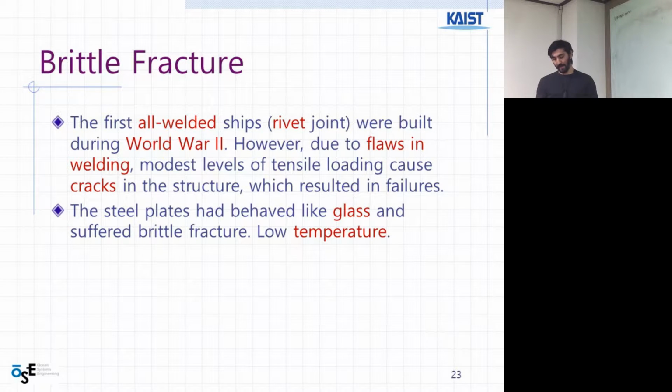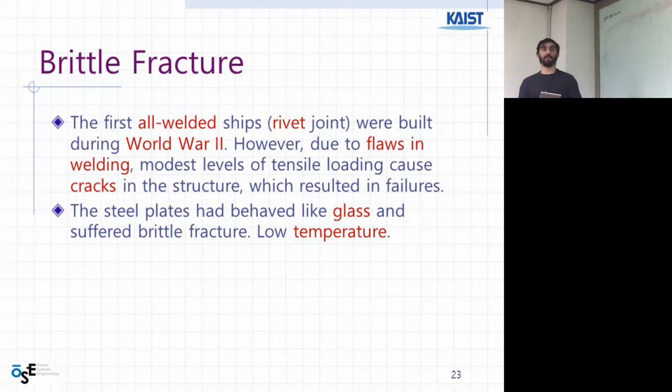Brittle fractures typically travel very fast, and they absorb very little energy. For example, in steel, the speed can be up to 2100 meters per second.